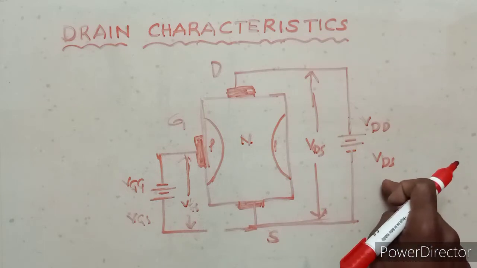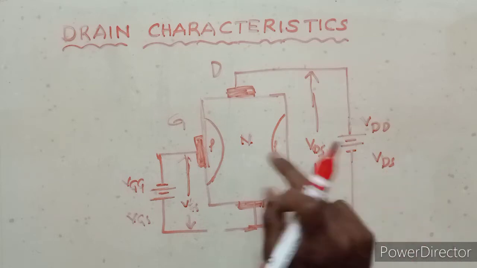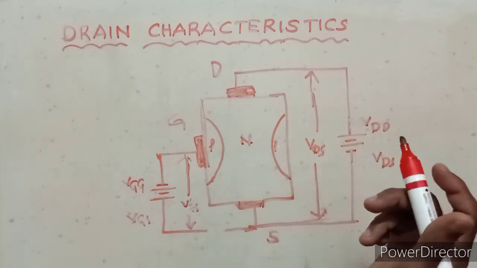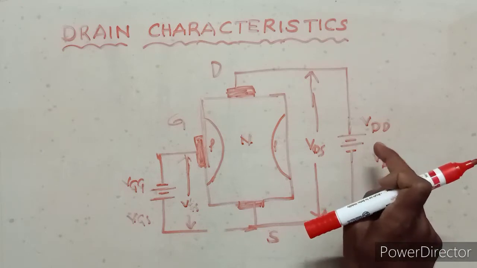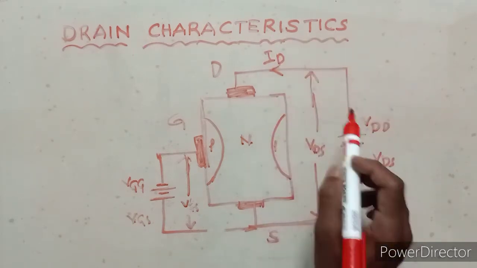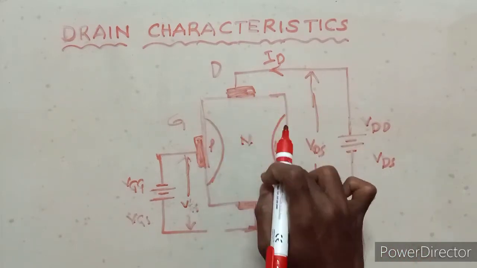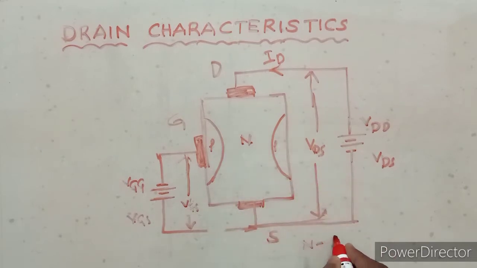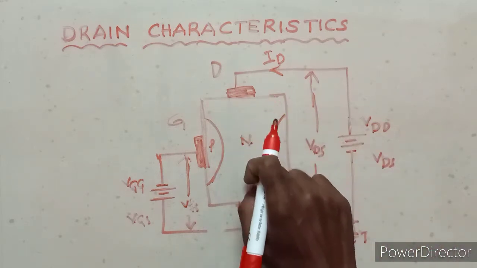What is the VDS? VDS increases. If VDS increases, the reverse voltage across the PN junction increases, and the thickness of depletion layer also increases, because here voltage increases. When voltage increases, drain current increases. This is the N type of material because this is the N channel JFET. So these are the negative value electrons.